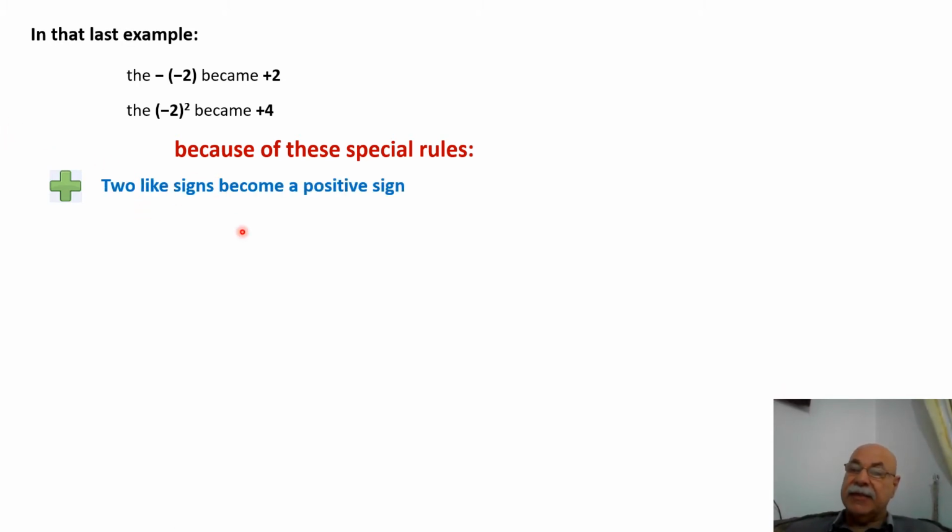When like signs become a positive sign, this positive sign here. Adding or subtracting, you can get like this: 3 plus 2 equals 5.